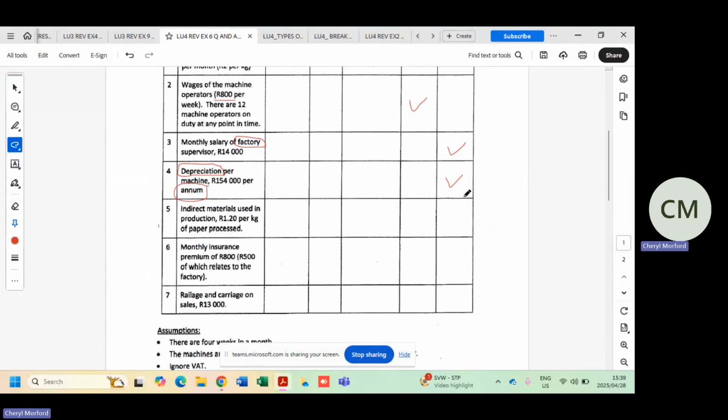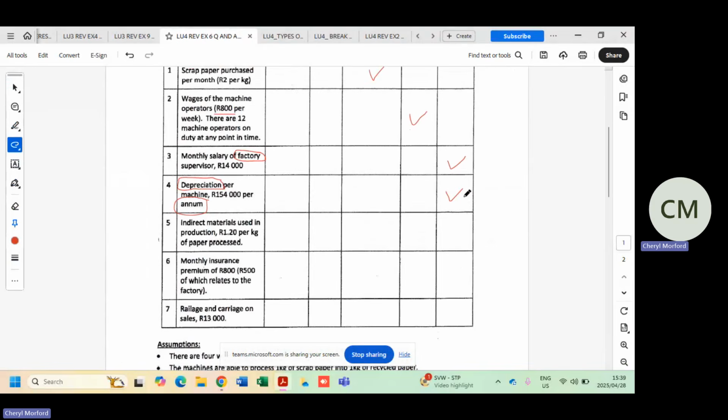Then the next one is indirect materials. So I know straight away indirect materials is a manufacturing overhead. So it's going to go here. Then we need to calculate the amount. Easy peasy now, because we've done the hard yards at the top. It's R1.20 per kg of paper.